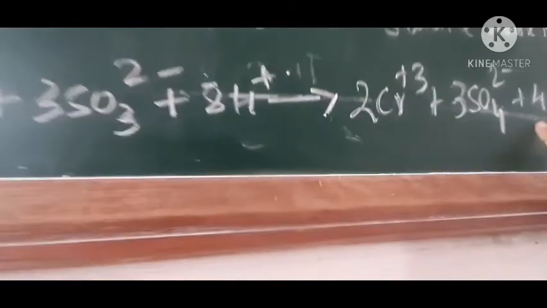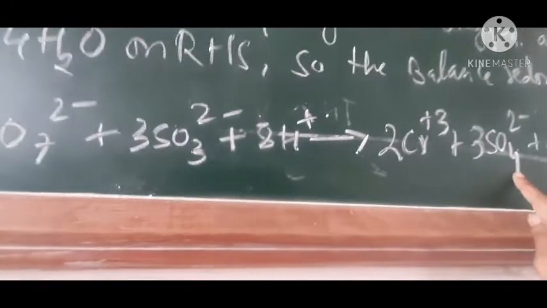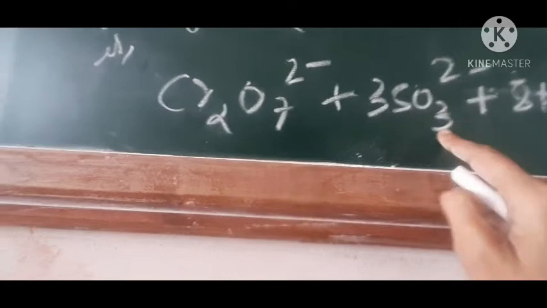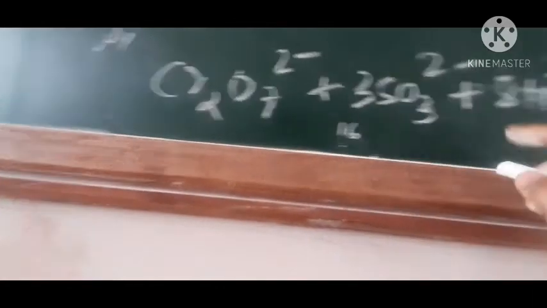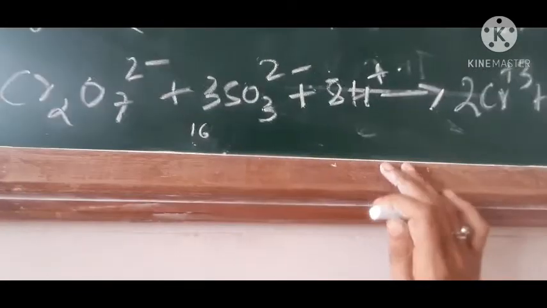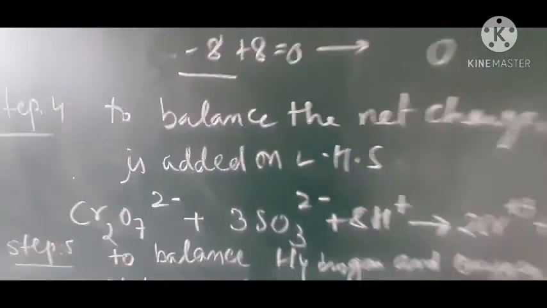Now count the number of oxygen. 4 3s are 12, plus 4 is 16. Oxygen is 16 here. 3 3s are 9 plus 7 is 16. We have 8 hydrogen, 4 2s are 8 hydrogen. Rest all are balanced. Chromium and sulfur are balanced.